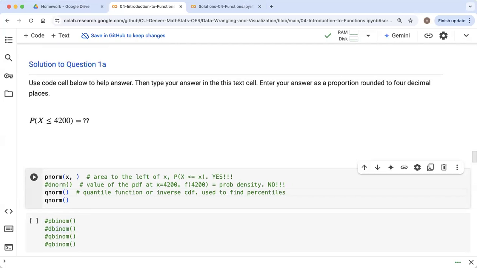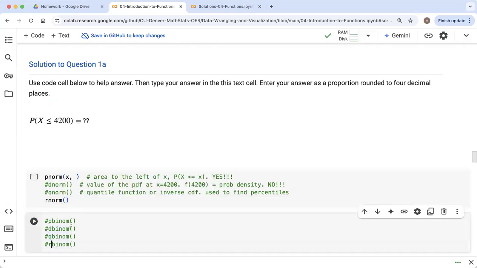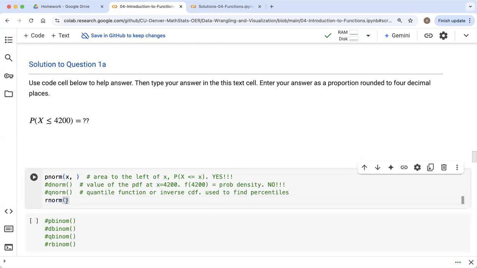So if, for example, I said, what is the 95th percentile for birth weight? Then that's going to be a useful function for that. In this case, I'm given a weight and it's asking me to calculate a probability. So the p-norm is going to be useful for that.